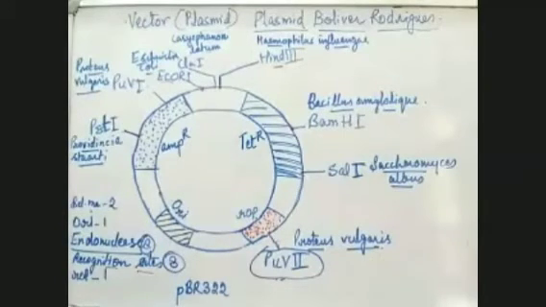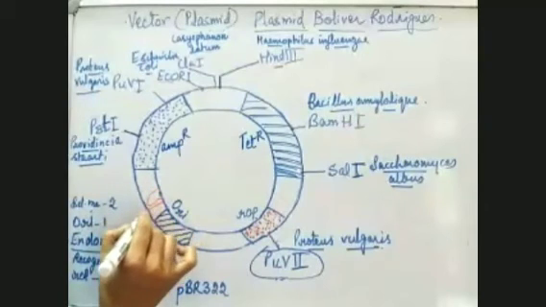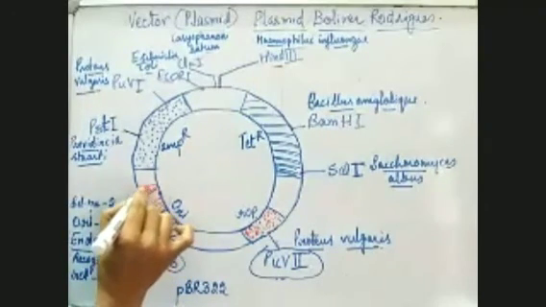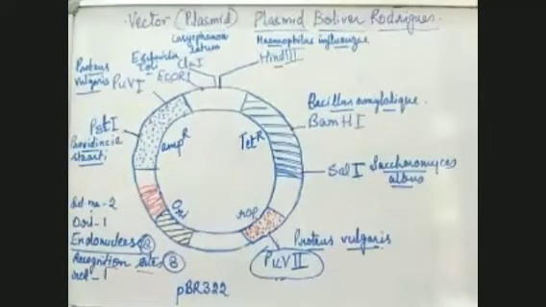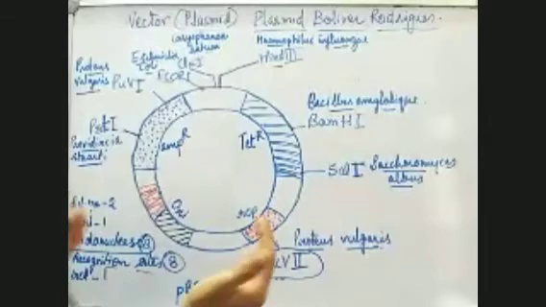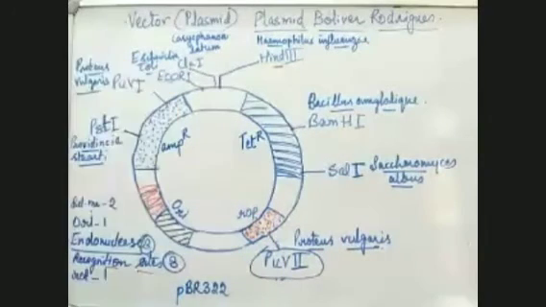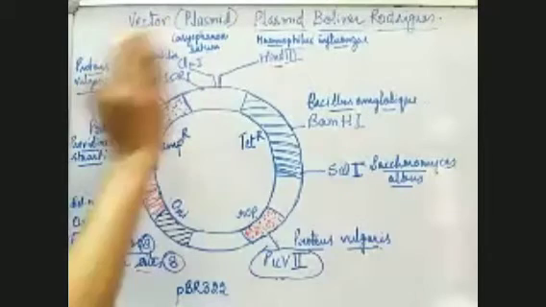Suppose this is the ori, and here we introduced our desired gene. This red color is our desired gene which we have introduced near ori. Then this particular vector is introduced into the host where it multiplies and increases in number.